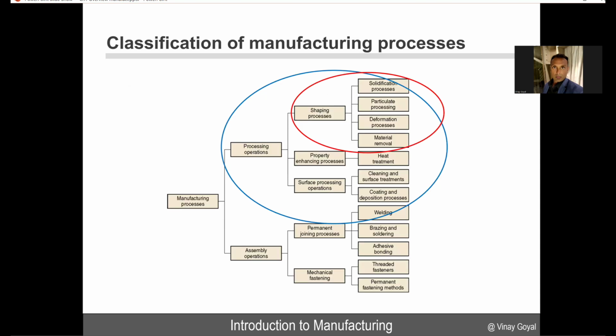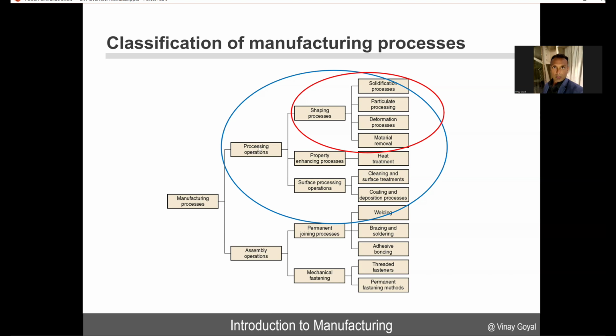So here is a diagram depicting the classification of manufacturing processes. Here on the left, you will see manufacturing processes being depicted. Manufacturing processes include processing operations and assembly operations. So they're divided in two.